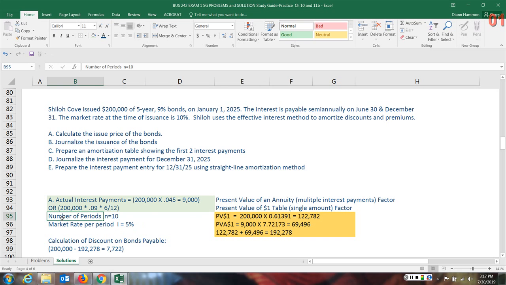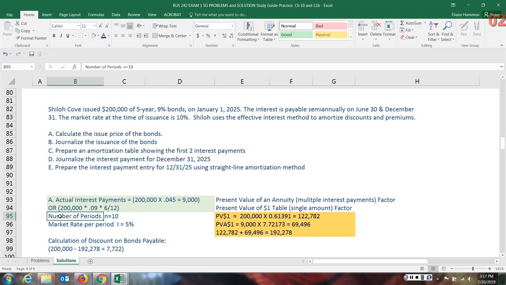So now, because we're using the effective interest rate, we need to consider the market rate. The market rate at the time these bonds are issued is 10%. So we'll look at our number of periods. This is a 5-year bond. It's going to pay interest twice a year.